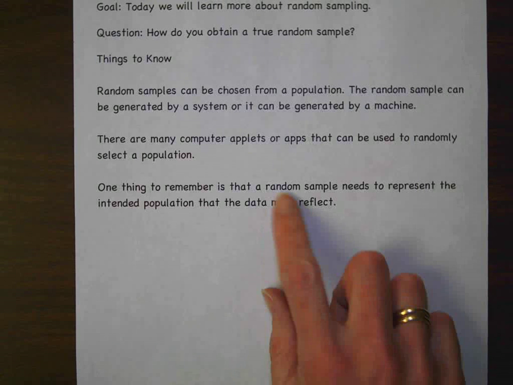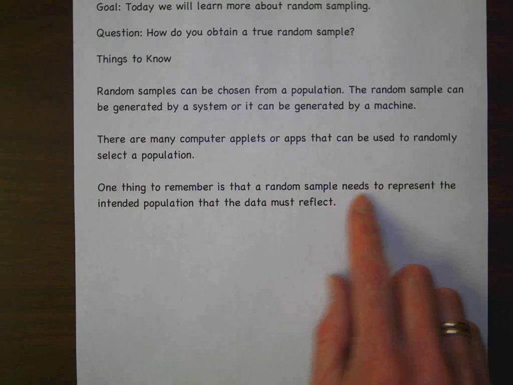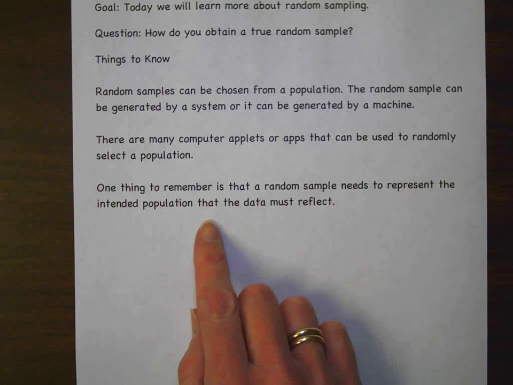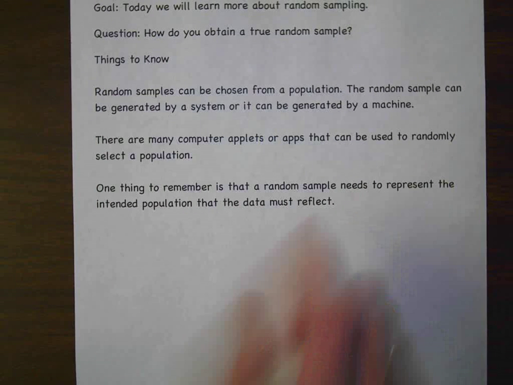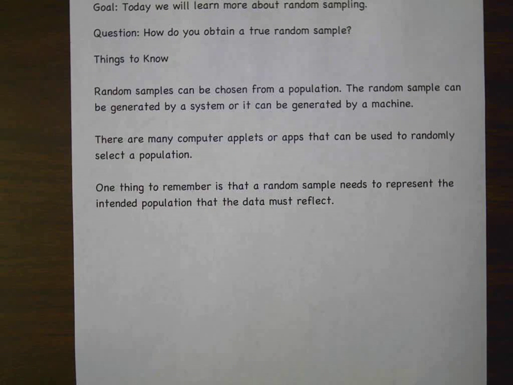And so you have to remember that your random sample needs to represent the intended population that the data must reflect. So it's very, very important to get a big picture of all the different kids that you could be sampling. Okay? So that's basically all we have in this lesson. You just need to know that accuracy of random sampling is very important to get valid data.